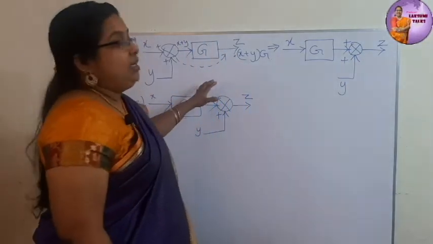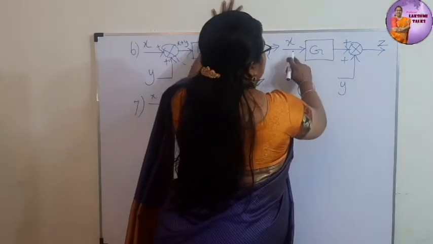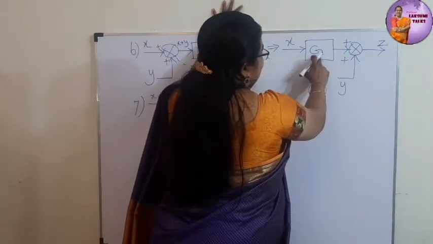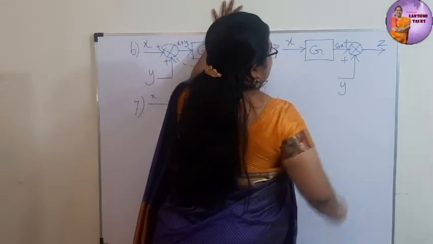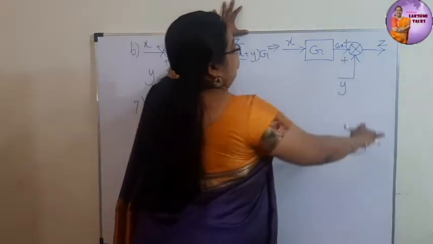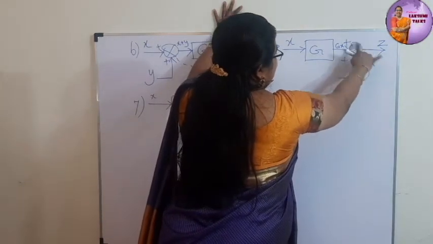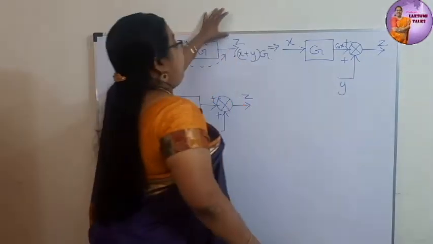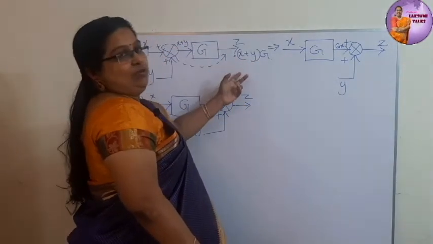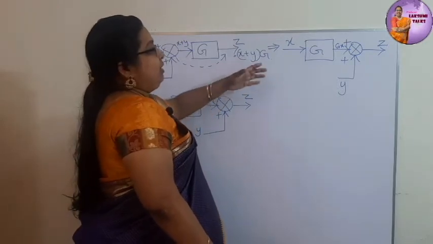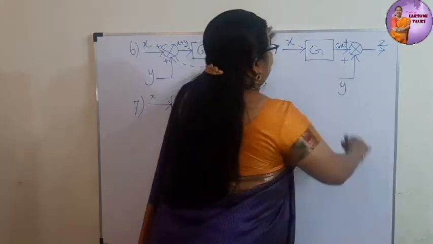Now that we have shifted the summing point, see what happens. The input X is given to block G and the output will be Gx. Now, what is the other input to the summing point? Y. So, what will be Z? Z is equal to Gx plus Y. But what should Z be? It should be Gx plus Gy. So we have to maintain the output the same. What must be included?